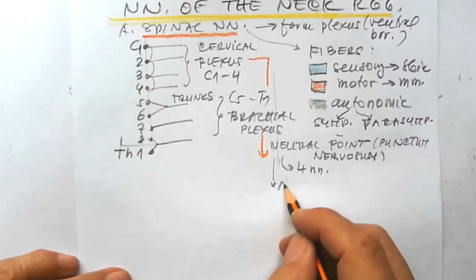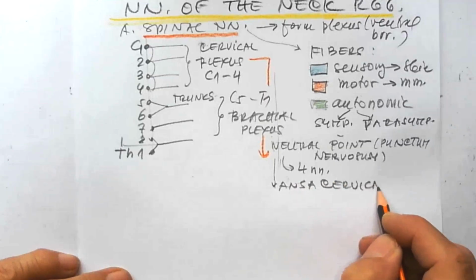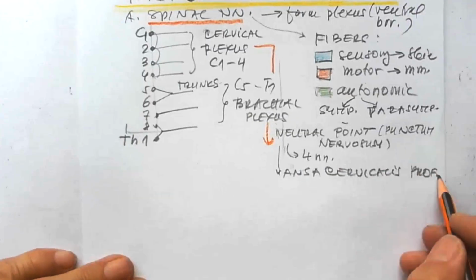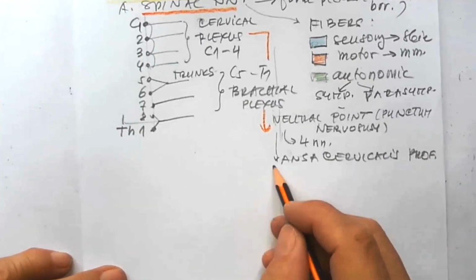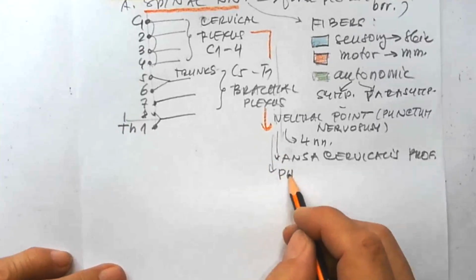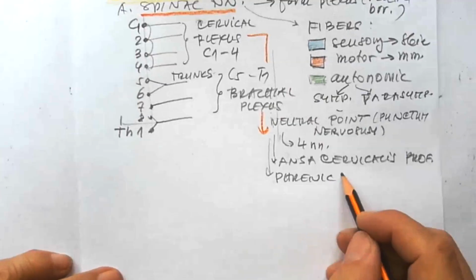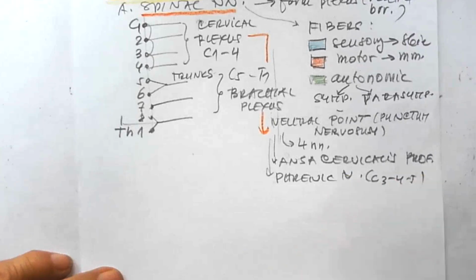That means ansa cervicalis profunda, because this is the ansa supplying the infrahyoid muscles, we said. And also a very important nerve, the phrenic nerve. Everything descends from the cervical plexus, phrenic nerve. We said C3, 4, and 5.